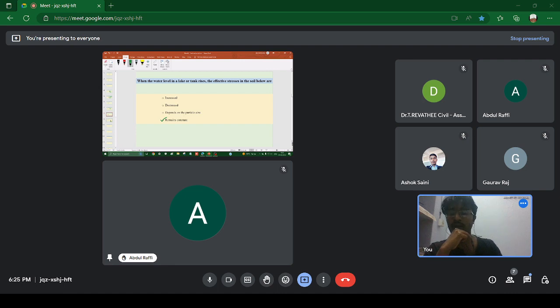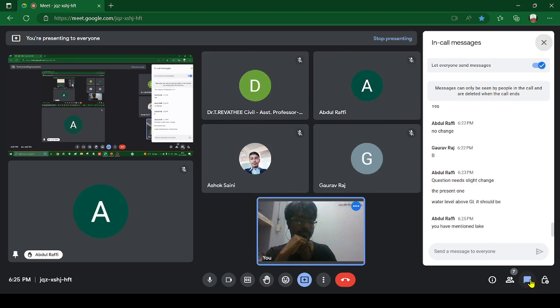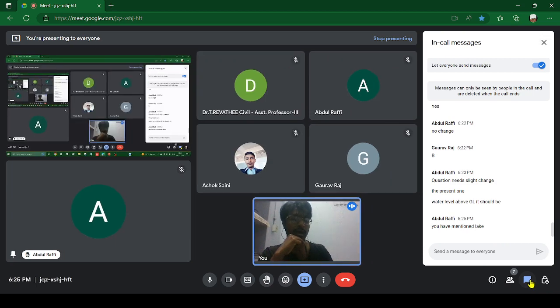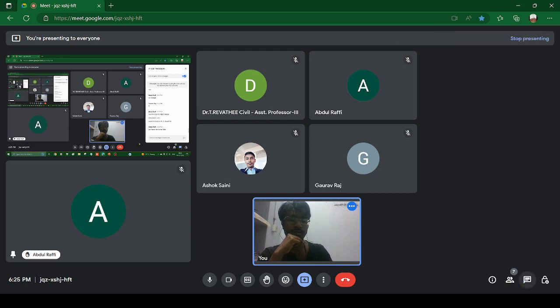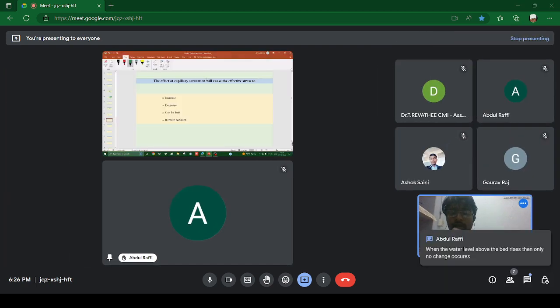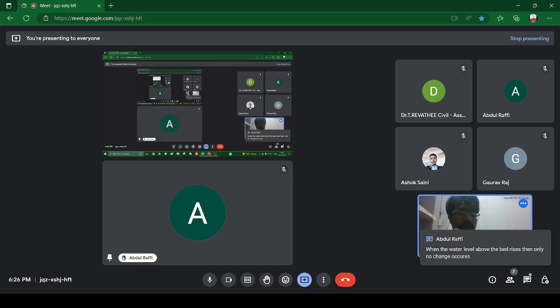Okay. Next question. I have mentioned lake, but if the soil is below the lake, can the soil be called a ground level? The effect of capillary, when the water level above the bed rises, then only no change occurs.